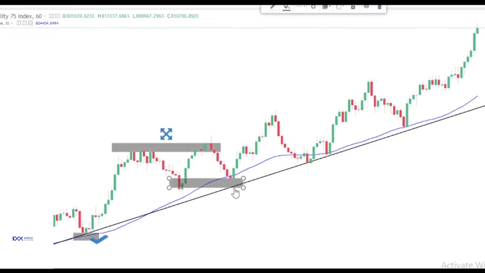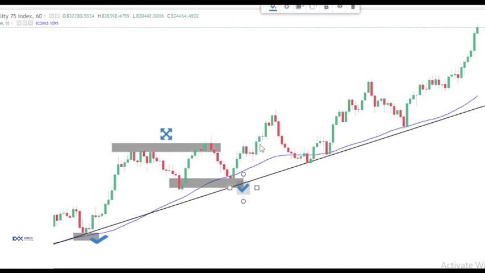So you see our W pattern forming at the support level, which is our trend line and also our indicator. You can see that confluence is another good trade to enter. If you had taken this trade right here, it could have been a good one again.